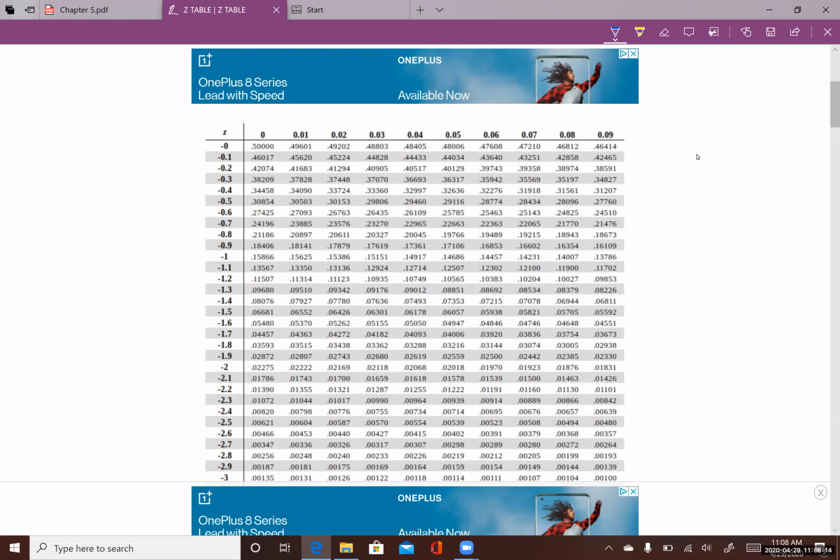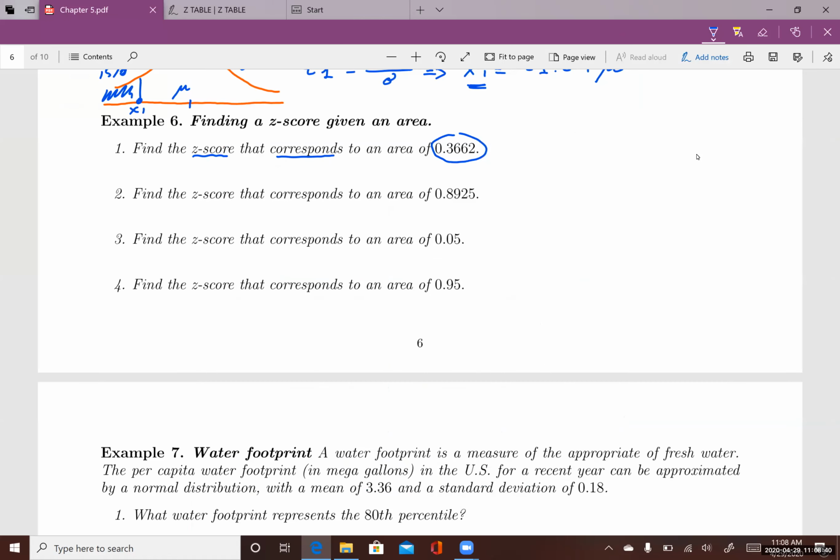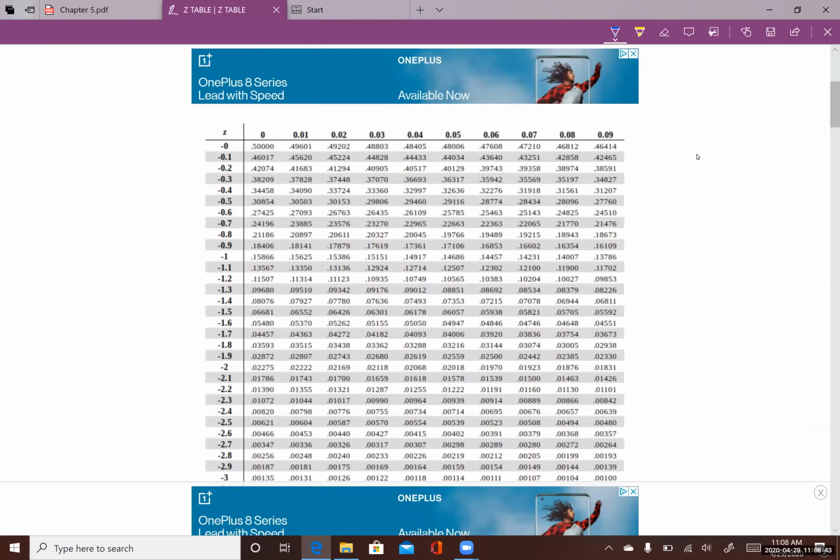Now the area that we're looking at is 0.3662. Okay, 0.366 is around here, right? Let's look at this again, 0.3662.